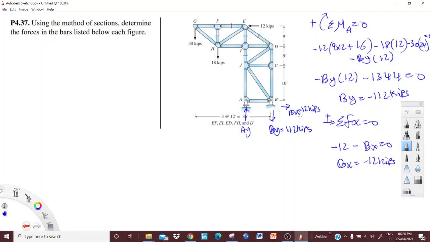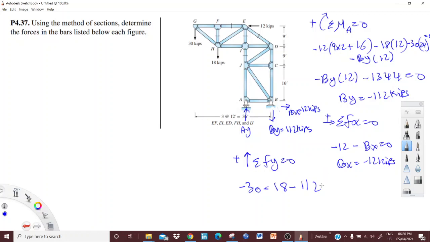Right now we are left with summation of Fy equal to 0. Upward force is positive. We have negative 30, negative 18, and negative 112.